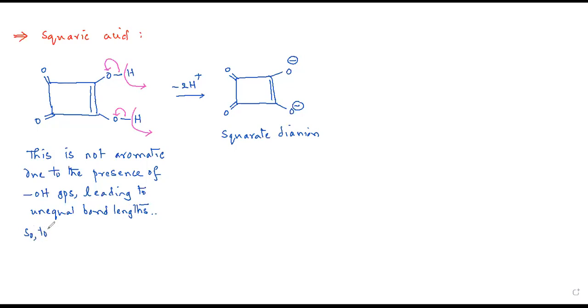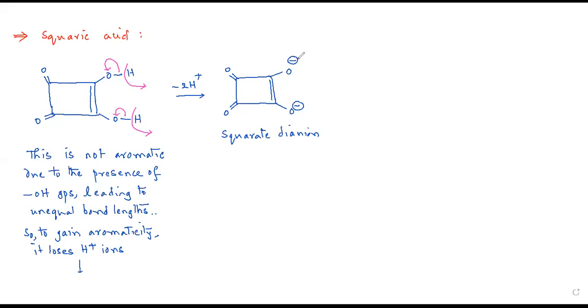So, to gain aromaticity, it loses H plus ion. See, because of deprotonation, it is gaining aromaticity. By the way, it is becoming more and more stable.